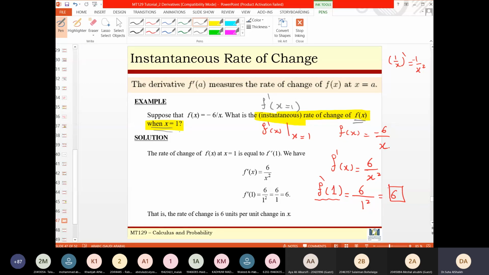So we find the derivative, we change x with 1, and this will give me the instantaneous rate of change when x equals 1. Okay?